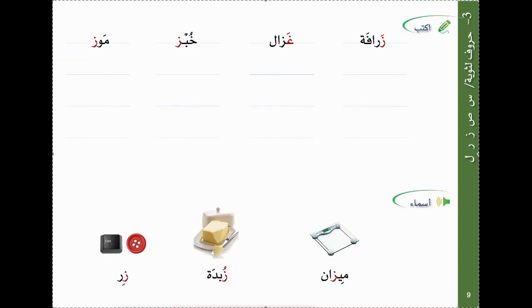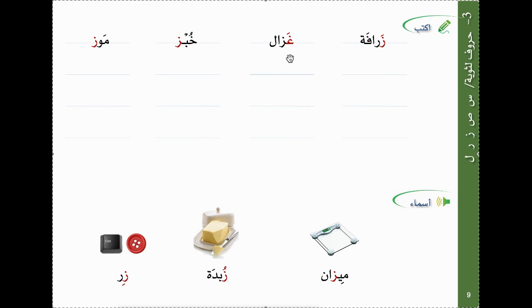Okay, everyone, here we have slide number 9. We're still talking about the zay, one of our gum letters, meaning letters that originate from the gum. And here we're going to practice writing out the nouns that we have learned. We've learned zarafa with the zay in the beginning of the word. This means giraffe.